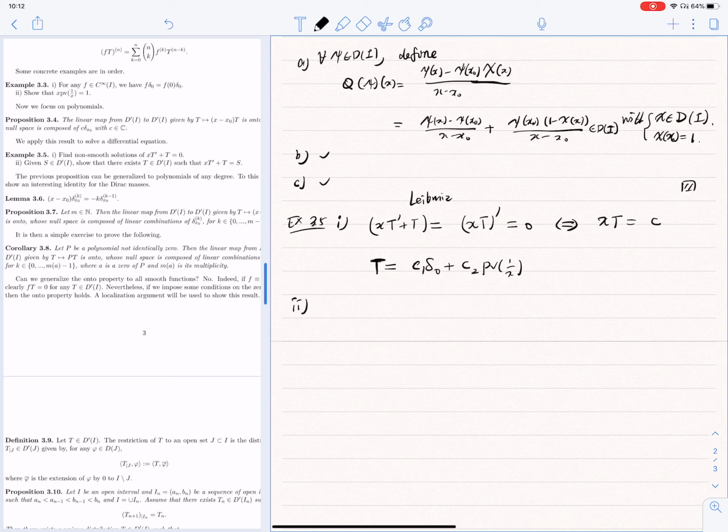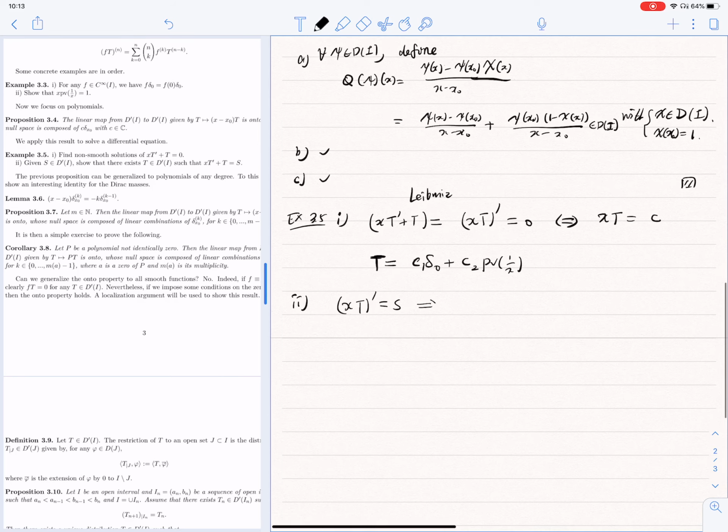So the second question equivalently says xt prime is equal to S, right? And we know that there exists a solution which solves this equation because the derivative is onto, as shown in the previous lecture. So there exists a distribution S tilde such that xt is equal to that distribution.